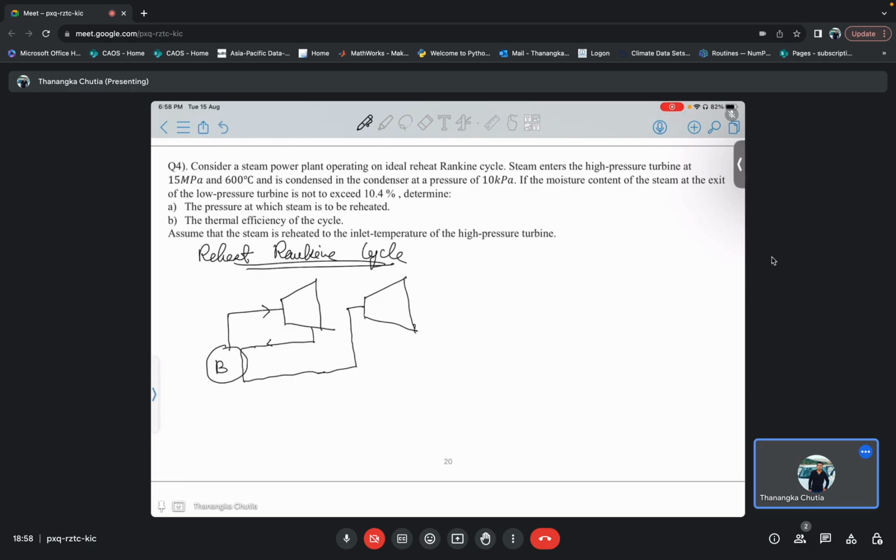Then it is allowed to pass through the condenser, and then by means of the pump, this basically goes here. Okay, so this we name as the high pressure turbine, and this we name as the low pressure turbine.